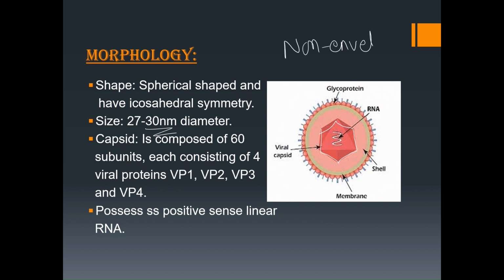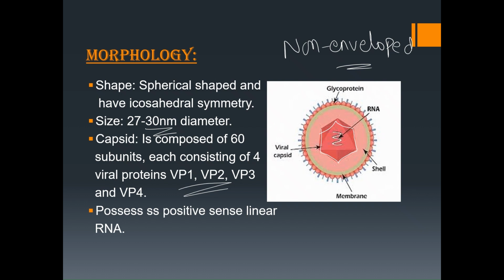The capsid is made up of a number of capsomers, and each capsomer consists of 4 viral proteins: VP1, VP2, VP3 and VP4.